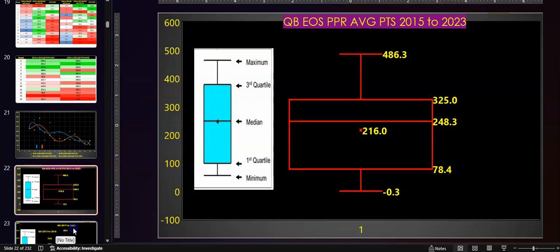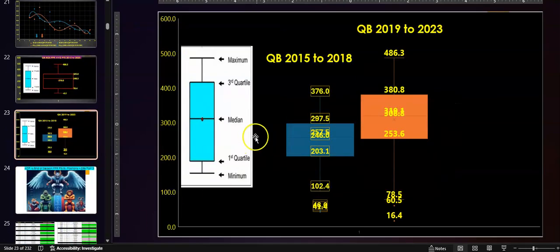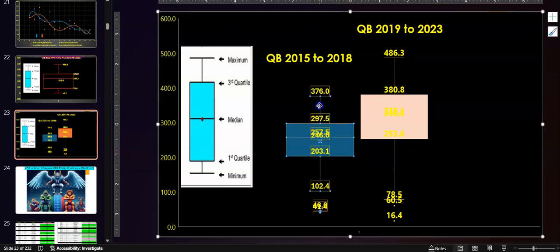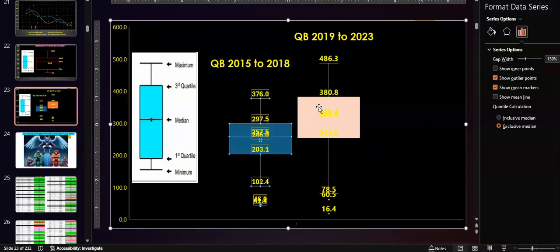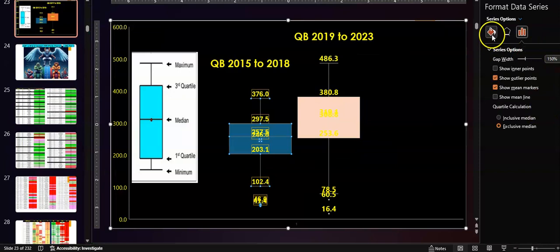Has things changed in the last 4 or 5 years compared to the preceding 4 or 5? Yes. 15 to 18, here's the population. Look at the box, look at the whiskers. I don't know if it will let me show that.